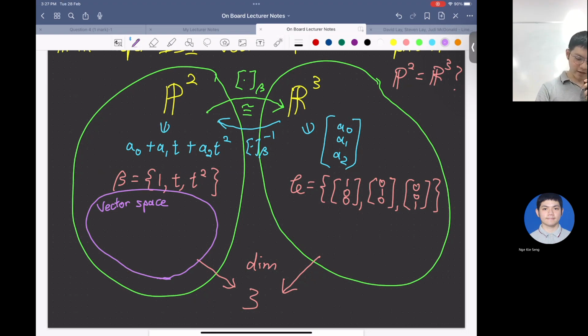So first of all, you need to make sure 0 is in the subspace. Actually, the 0 vector cannot lie outside your vector space. Okay, this part is not allowed. It has to be in the subset.